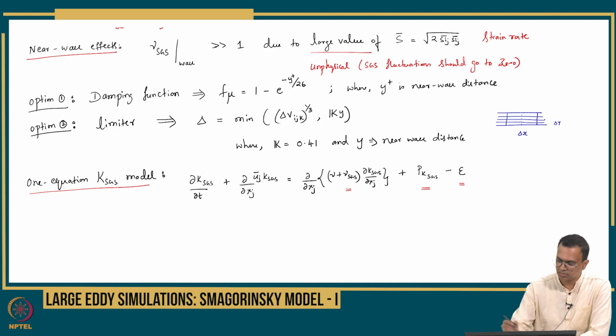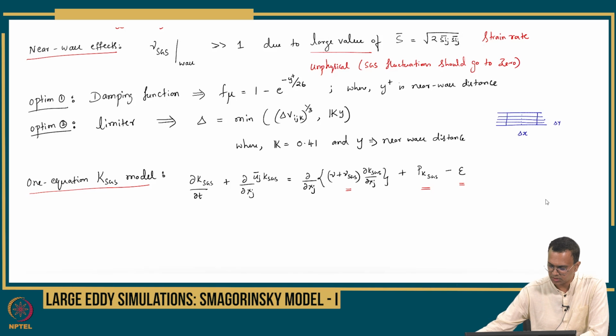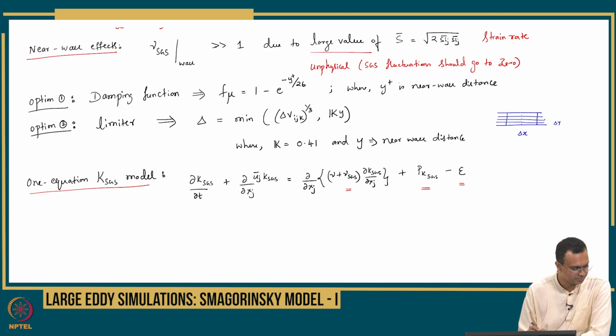So in the equation, ν_SGS is calculated slightly differently here. u_j you don't have to worry because resolved velocities are available here. This u_j is the filtered, or resolved, velocity. This is known.